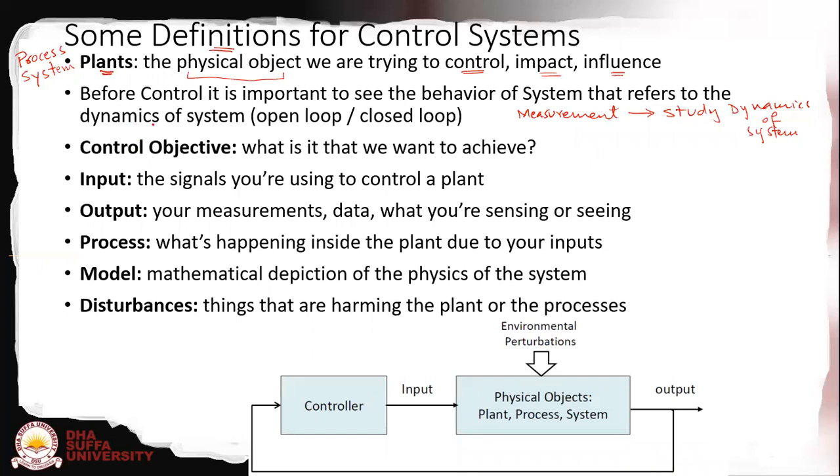And before applying the control, it is important to see the behavior of the system. And by that, what I want to emphasize is the dynamics of the system. And we can study the dynamics both while we are controlling it or while we are not controlling it, basically in open loop or in the closed loop.